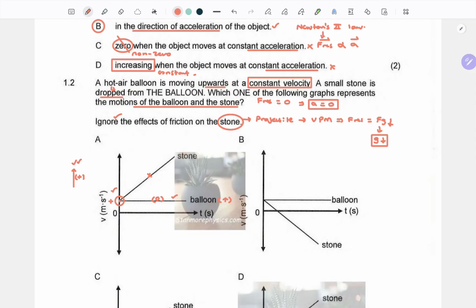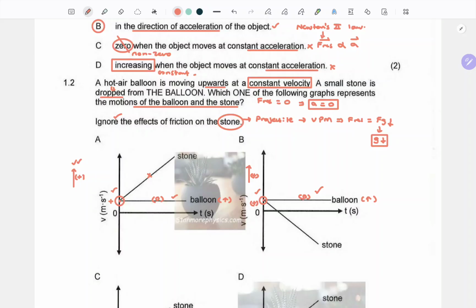Let's look at B. B is suggesting a similar scenario as A, in that the starting velocity is upward and essentially it is positive. So we can see that up is also taken as positive here. And the gradient for the balloon, since it is directed upward, is good.